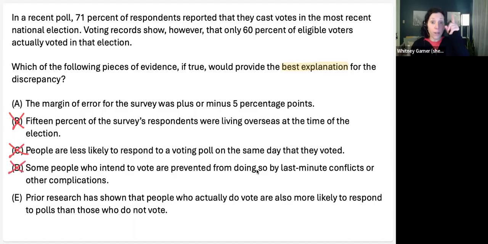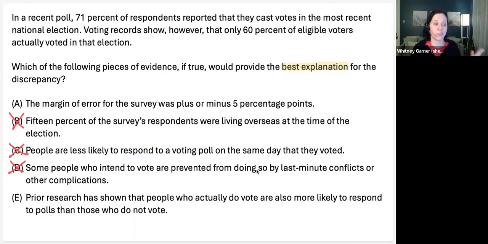All right, E. Prior research has shown that people who actually do vote are also more likely to respond to polls than the people who don't vote. This feels wordy, but what is it actually saying? What are they actually telling us with this one?